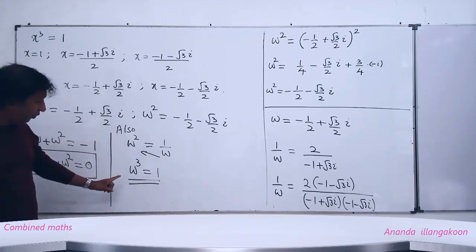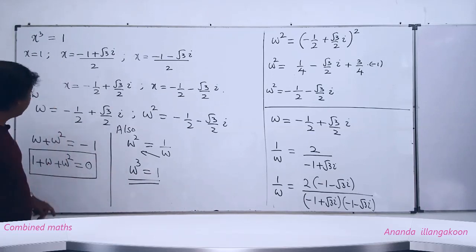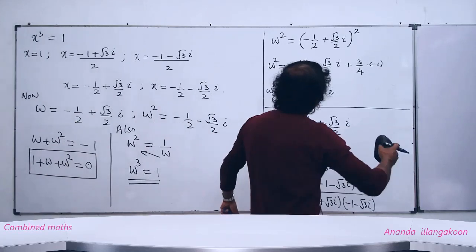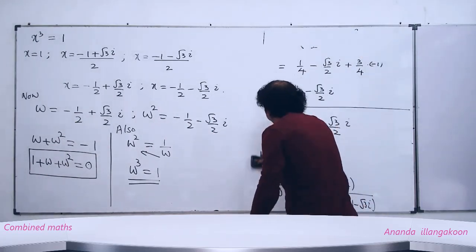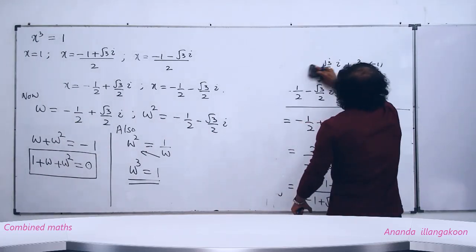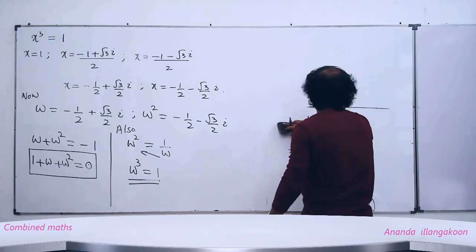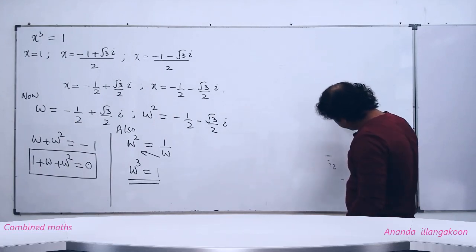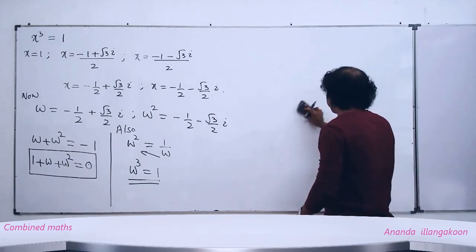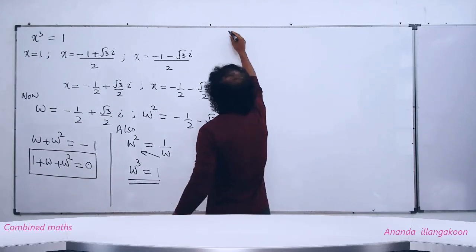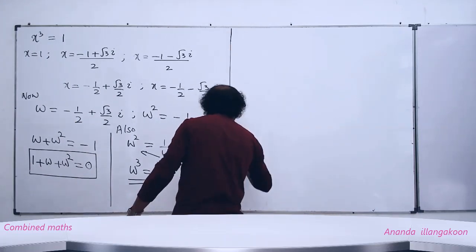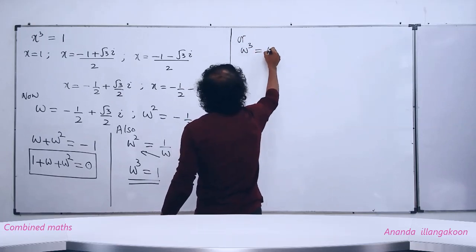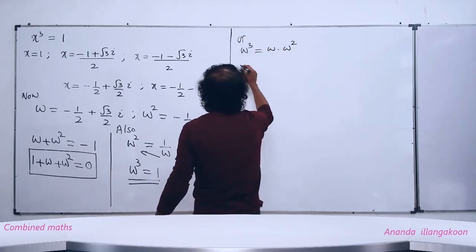Next one, we can prove this omega cube as 1, people, by directly multiplying this and this. That also is another possibility, right? We'll show that also. Omega cube equals omega into omega squared.